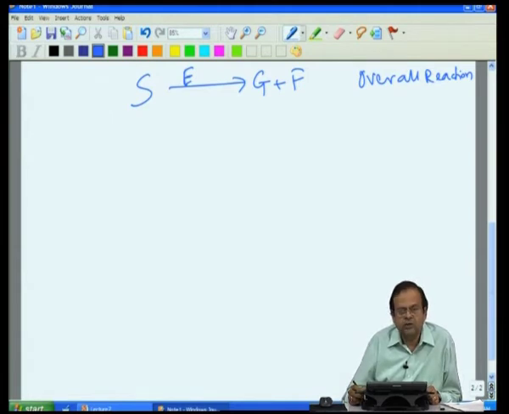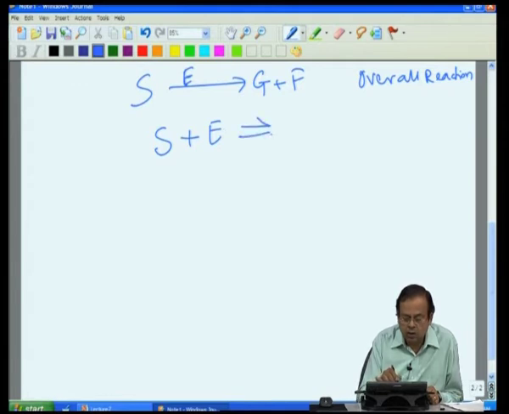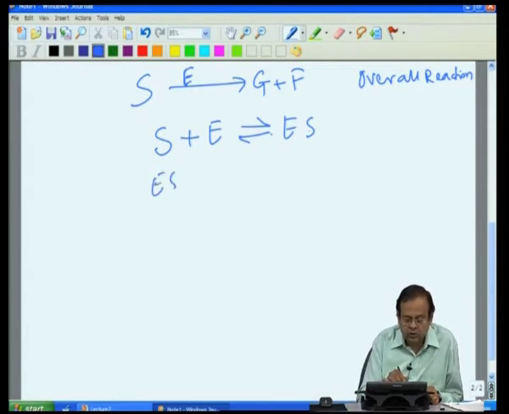We will discuss this in detail a little later on, but at this point let me just say that what happens in this reaction is this sucrose binds to this enzyme E and gives rise to some complex. This complex interacts with water and gives rise to some other complex, let us call it EP star.